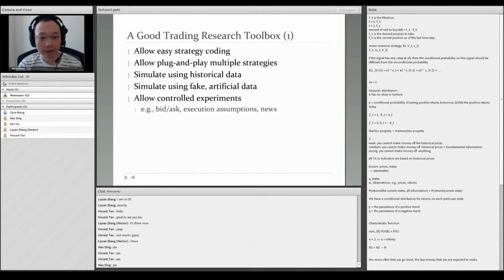It should also allow you to do control experiments, setting up different order books with different bid-ask sizes and different execution assumptions, so you can backtest different scenarios that might happen in reality when you're actually trading live. Hopefully all this can be done in a plug and play manner, as object-oriented programming.